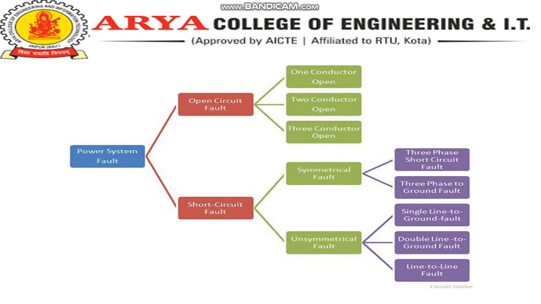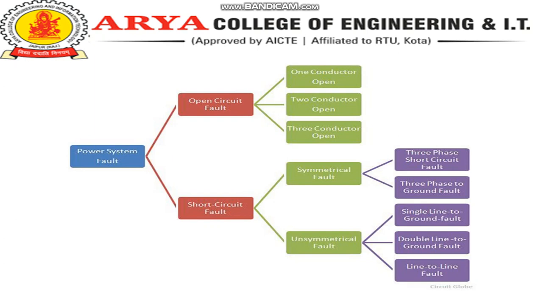Short circuit faults can be classified into two types: symmetrical fault and unsymmetrical fault. Further, symmetrical faults can be classified into two types: three phase short circuit fault and three phase to ground fault.